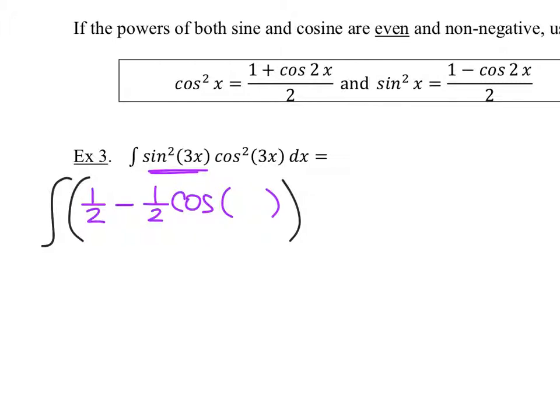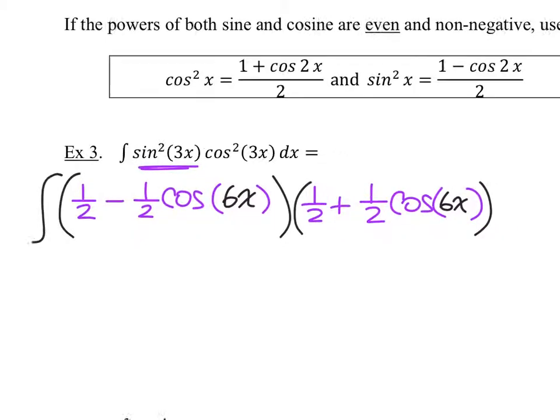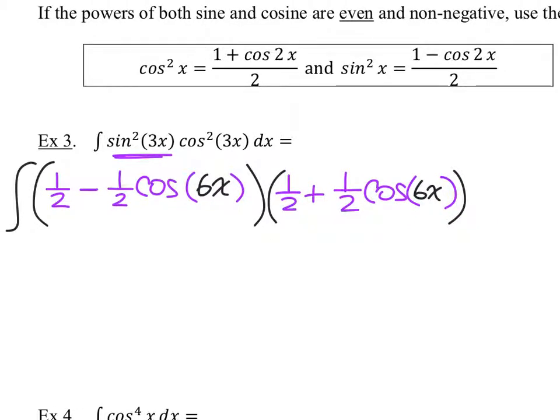Yeah, we have to multiply it by 3. But then for the cosine part of it, it's the same deal, just with a plus sign. So 1/2 plus 1/2 cosine of 6x. Ever so slight adjustment here.